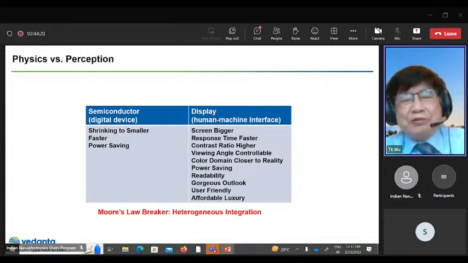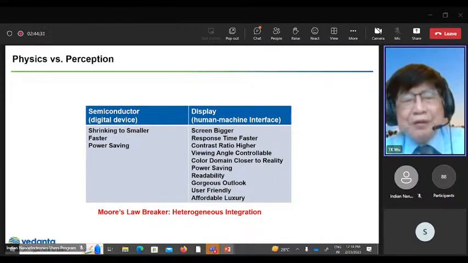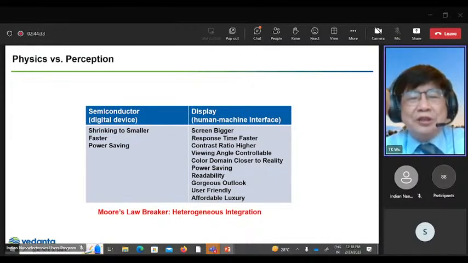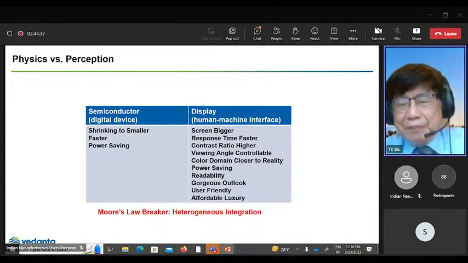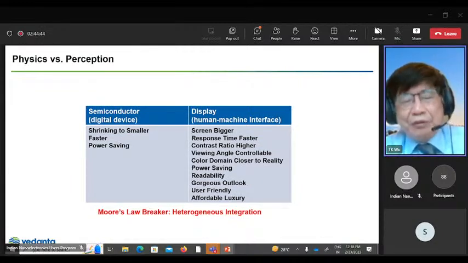Local dimming technology means we change the driving method and we change the design of our backlight. By changing this, we can totally change the picture quality through the backlight technology and the driving circuit technologies. The other four may remain the same.